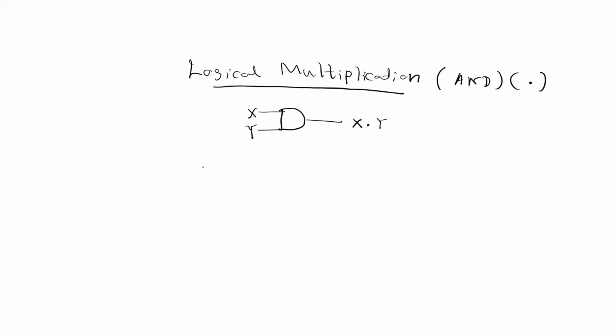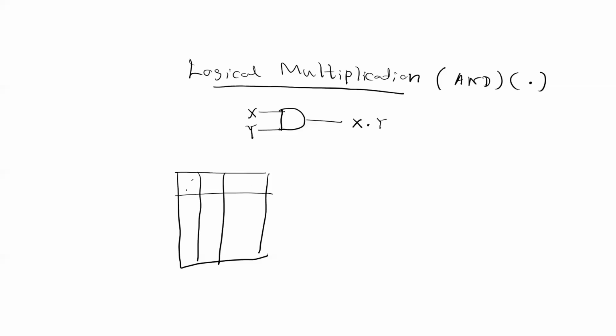And when we consider its truth table, again, we can mark two inputs, X and Y, and here X dot Y. So that will be the outline for your truth table. And again, for this one also, we have two inputs.